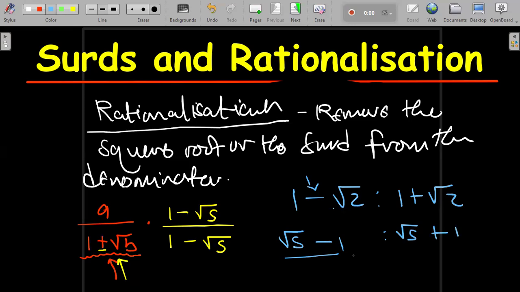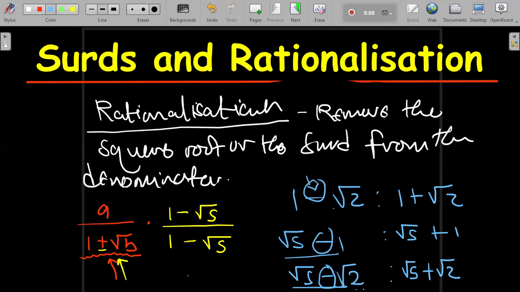What if we have root of 5 and then minus root of 2? Here we notice that we have two square roots, so your conjugate will just be the same thing. You just write root of 5 and then plus root of 2. So in short, you just change the sign that is between those two numbers.